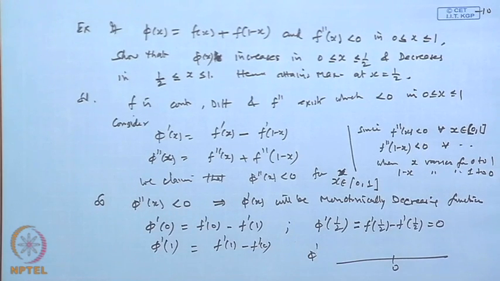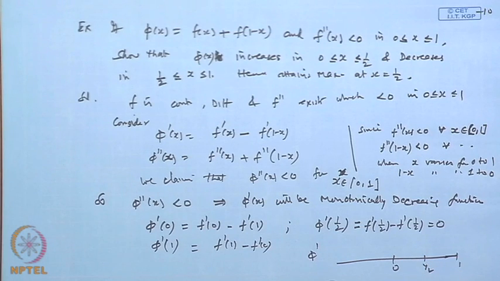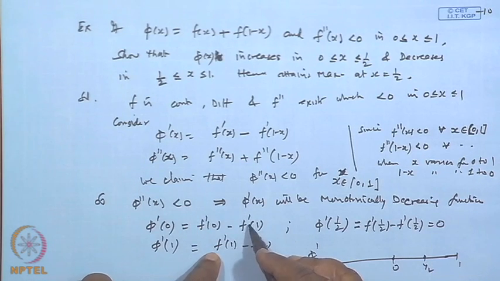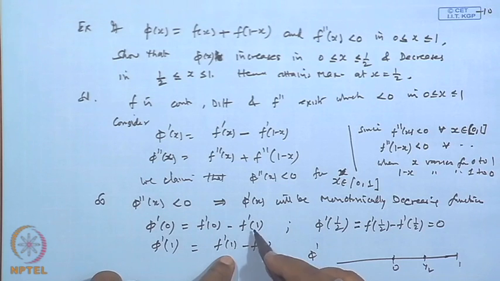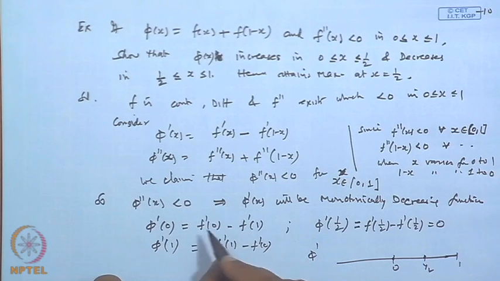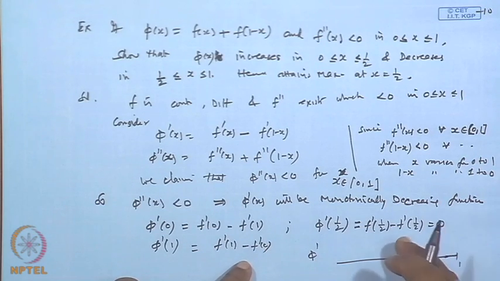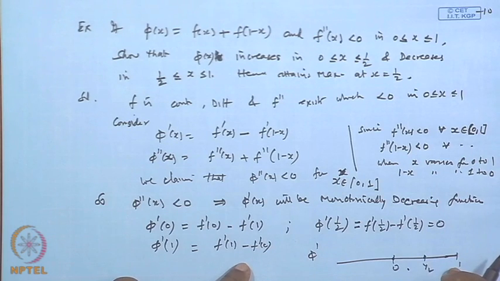So, phi dash is this function which attains the value 0 at half, this is 1 interval, this is half. And the values at the point 0 is this value, at the point 1 this value. Now, these two values differ by minus sign only. If it has a positive value here, this will have a negative value here, and if it is negative, then this has a positive value.